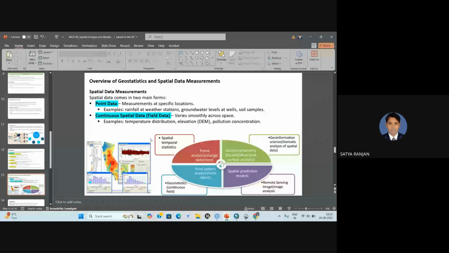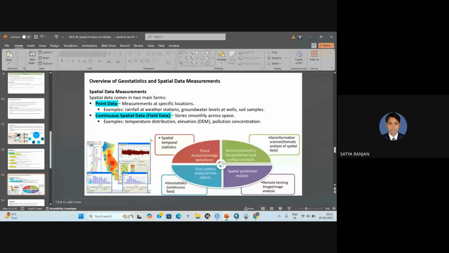Nowadays geostatistical analysis is very useful in different fields, like meteorological institutes, and then groundwater, geology, agriculture, forestry, and health sectors are also using this data. So the application of geostatistics is now increasing very largely.